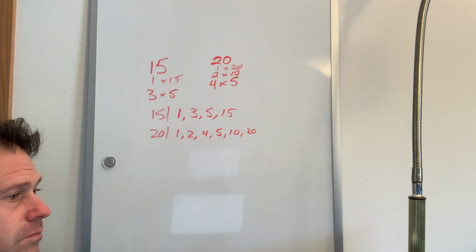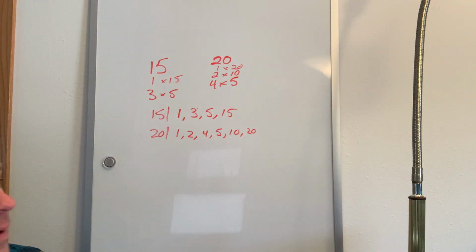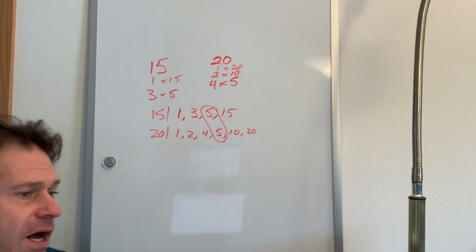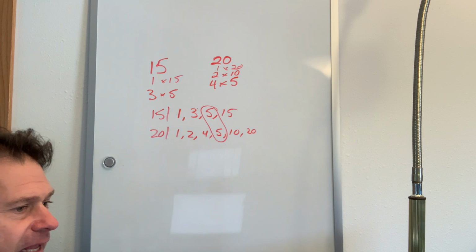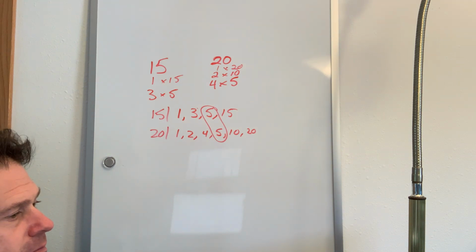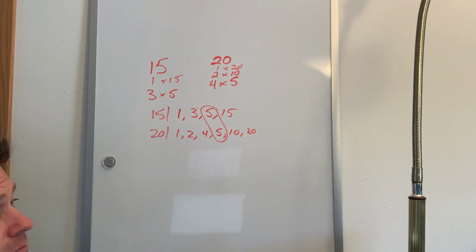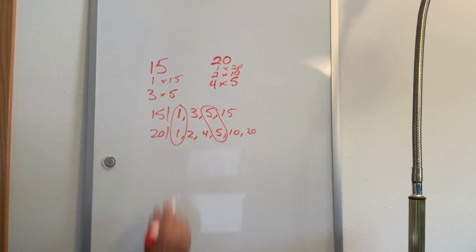You just lagged. Oh, I'm sorry. One that we have in common. What's one they have in common? Five. Okay, very good. 5 they have in common. What's another? Another one they have in common. Gannon. 1. Very good. Any more?